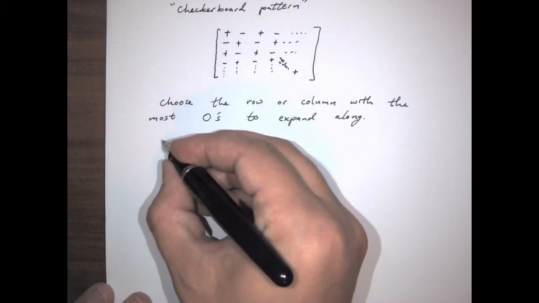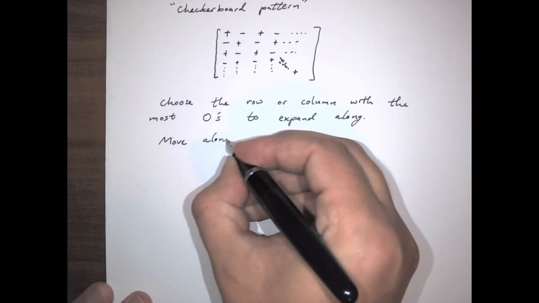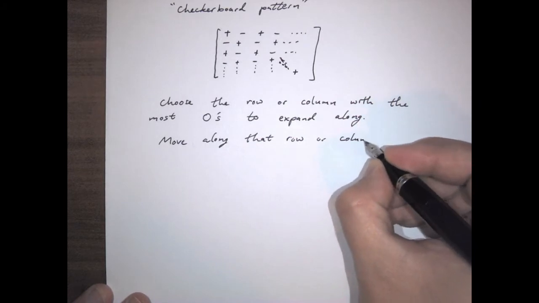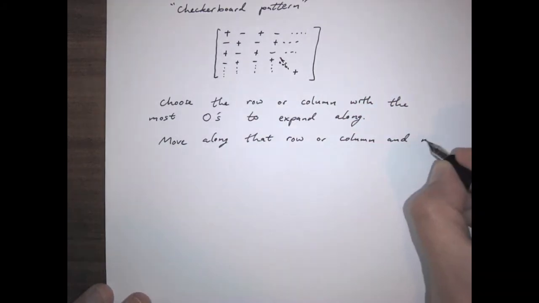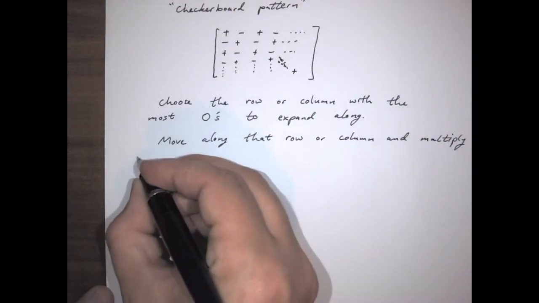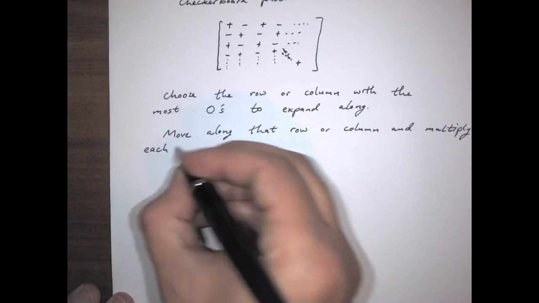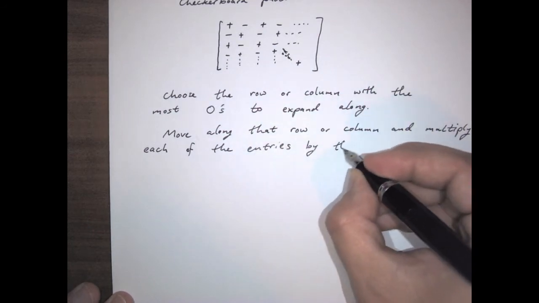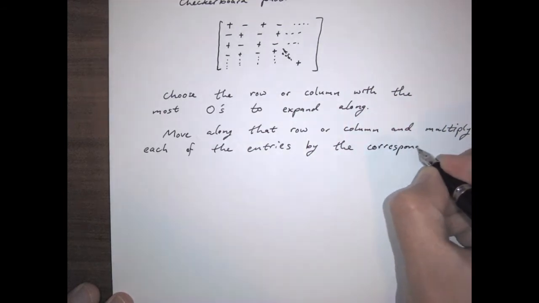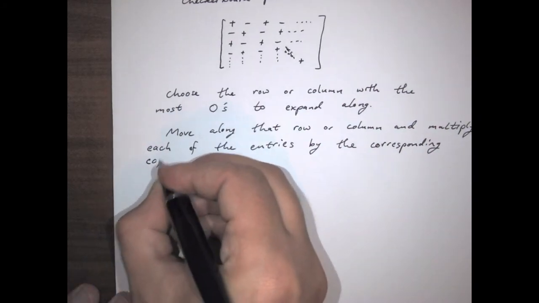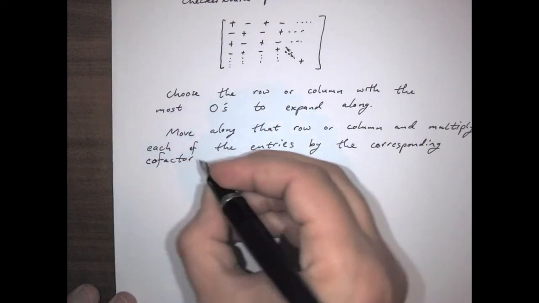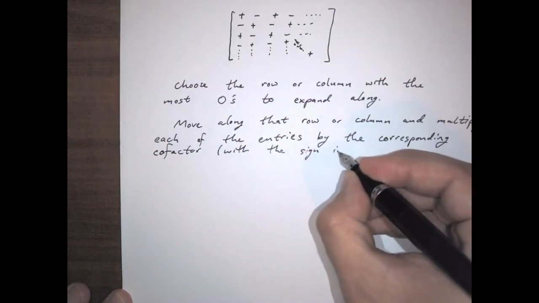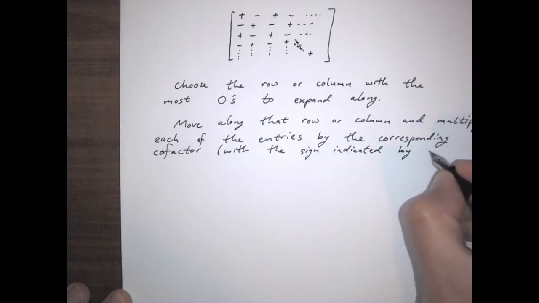So then move along that row or column and multiply each of the entries by the corresponding cofactor, and that's with the sign indicated by the checkerboard.